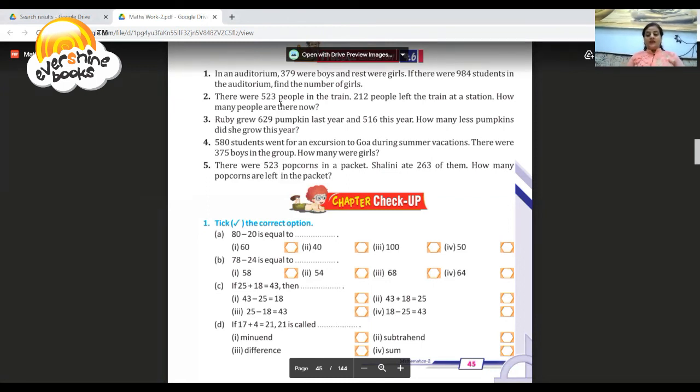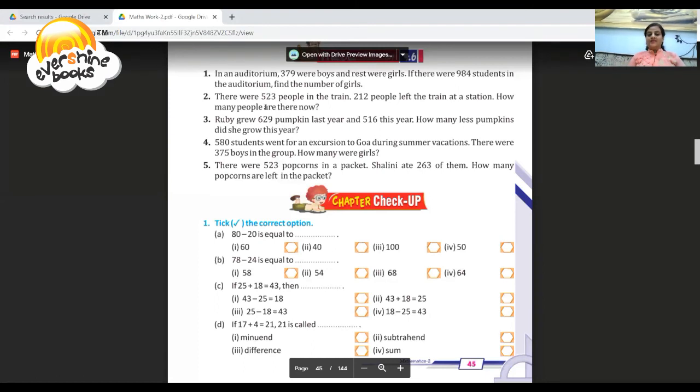There were 523 people in the train and 212 people left the train at the station. How many people are there now? The total number of people in the train was 523 and 212 people left.